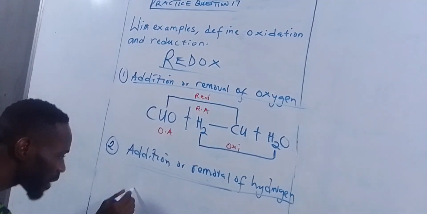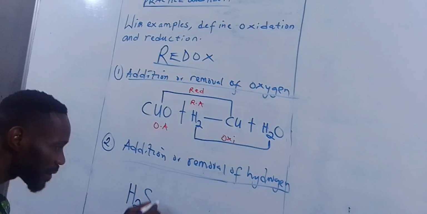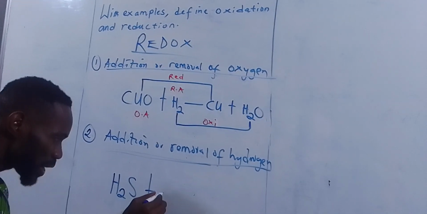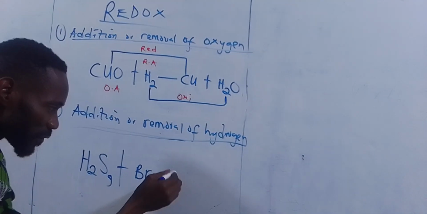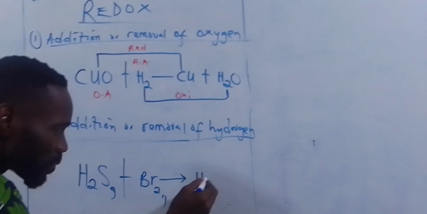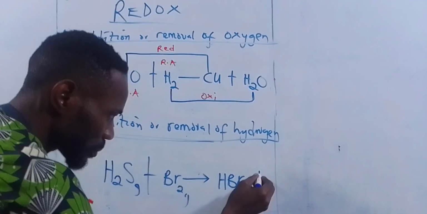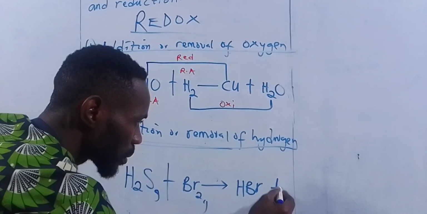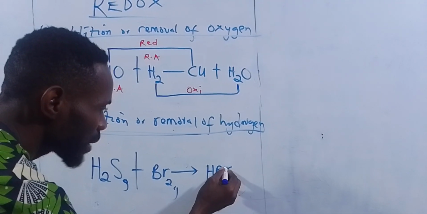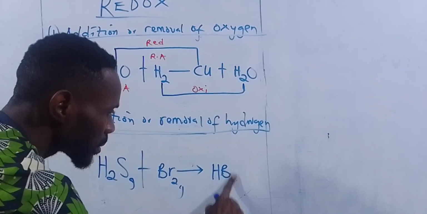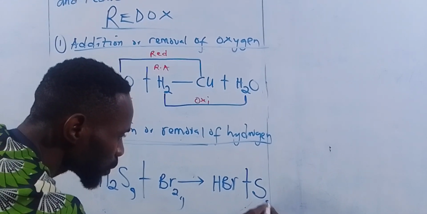When hydrogen sulfide, H2S, a gas, reacts with bromine, a gas, it results in the formation of hydrogen bromide plus yellow sulfur deposit, a solid.